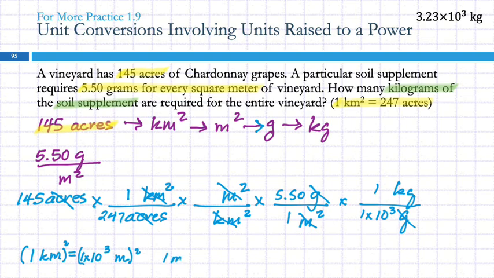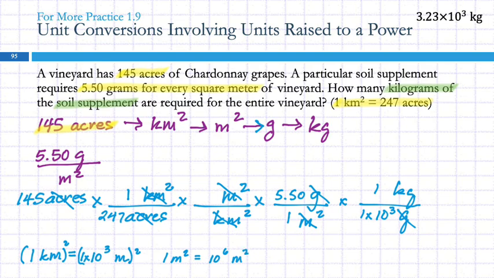So 1 square meter equals, what's 10 to the 3 squared? It's 10 to the 6. If you can't do that in your head, that's fine. You just need to know how to tell your calculator to do that.